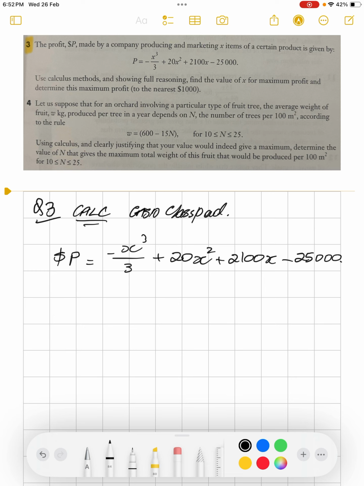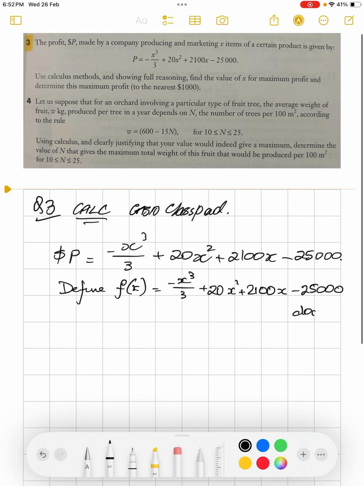So what I'm going to do is go ahead and define that function in the calculator as being that equation, and by putting that into the ClassPad we could then hit enter, and you should see the word done. All right, so done will be on the calculator once you've done that.